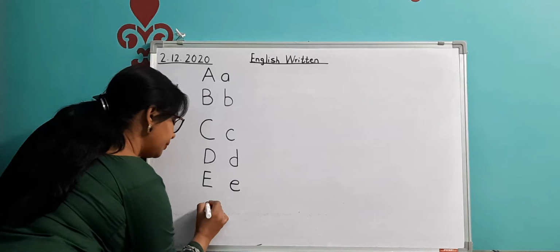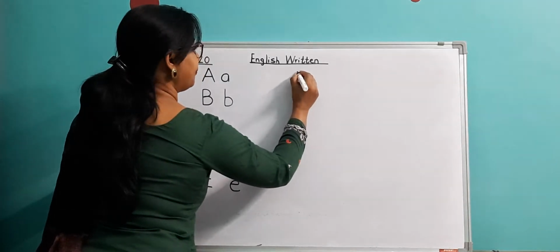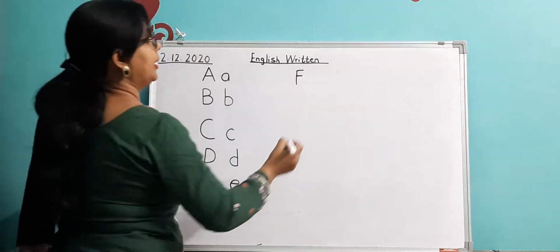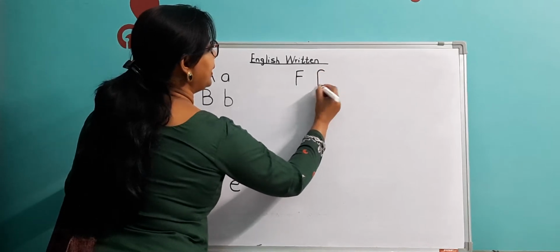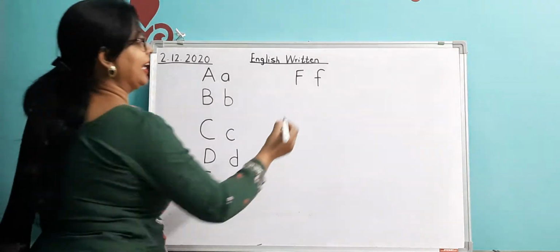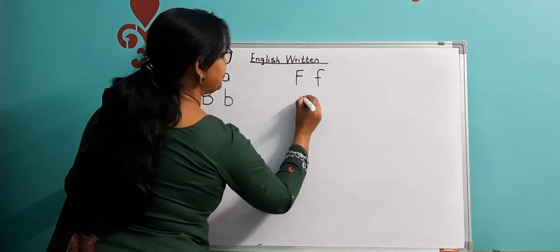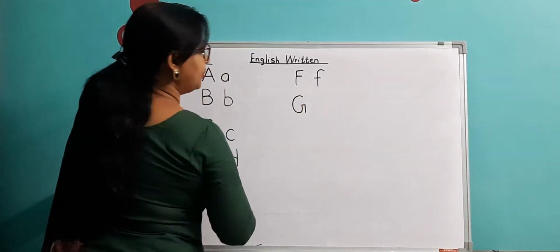Then F. This is capital F, right? And how do we write small f? Yes. Make a grandfather's stick and then put a sleeping line over here. Then comes G. This is capital G, right?